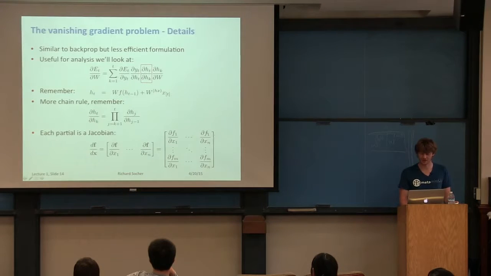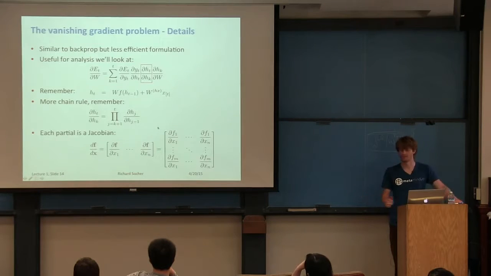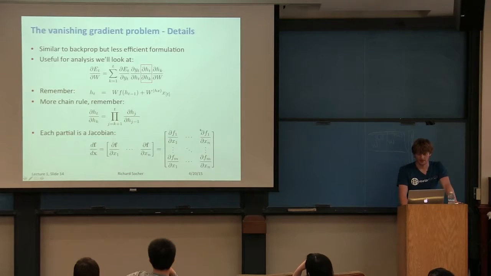In each row, we'll have the first element, so h_{j,1} in our case, with respect to all the elements of h_{j-1}, up to m. So basically, this is all the derivatives with respect to a vector-valued function f and a vector of parameters x.